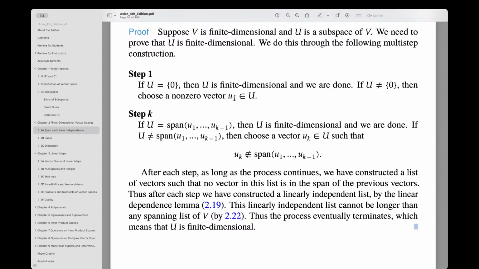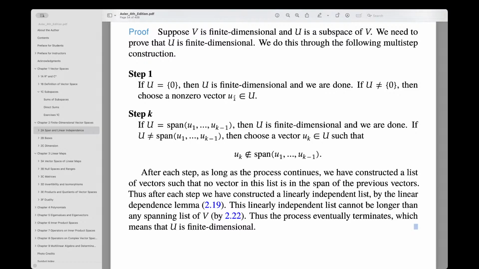Then since U is spanned by linearly independent vectors, the length of the list that spans U must be less than or equal to n, which shows that U is finite dimensional. Does it make sense? If I'm going too fast, please let me know.